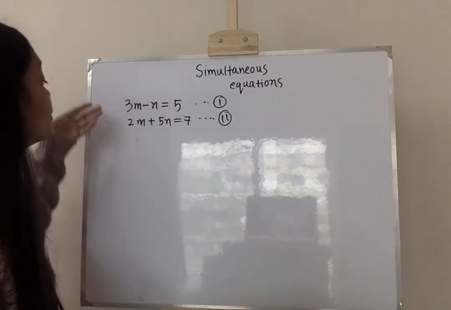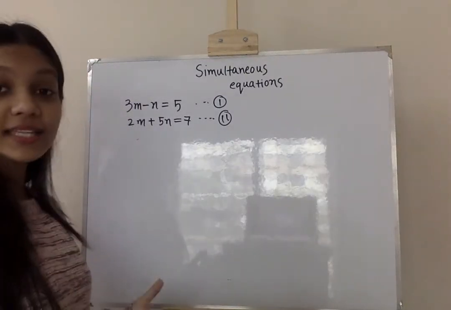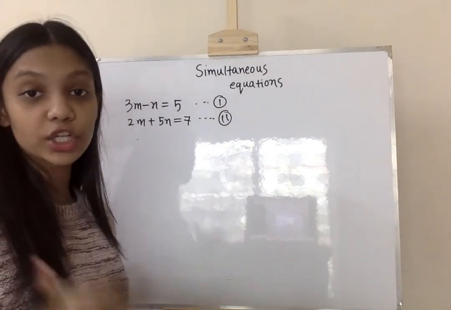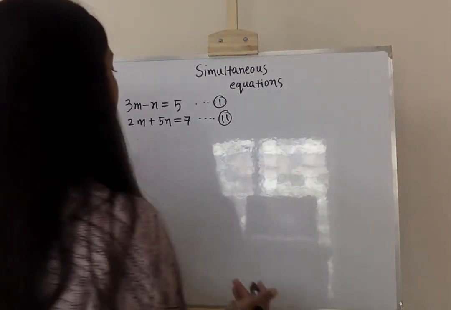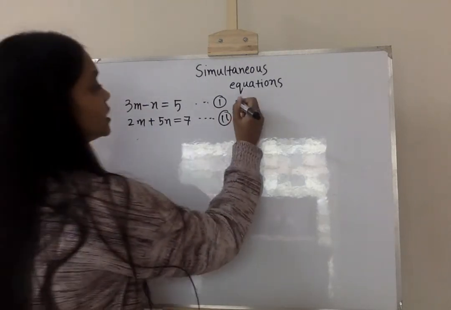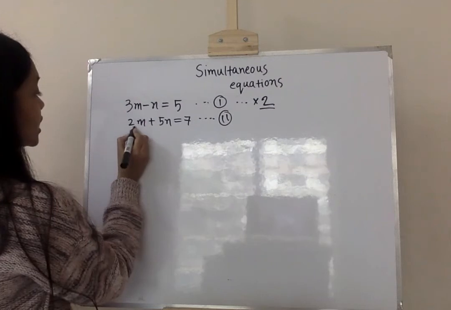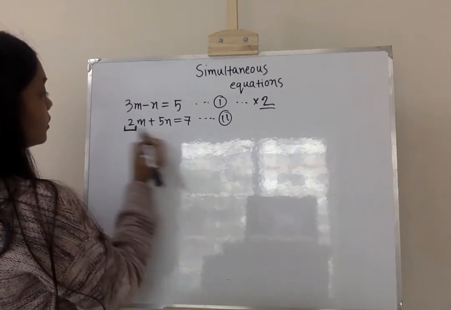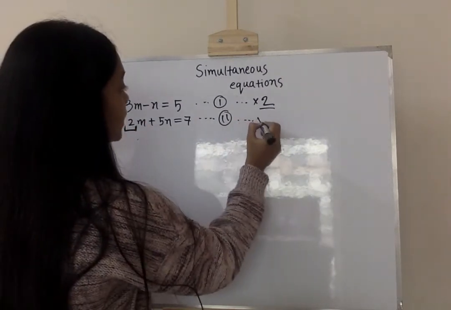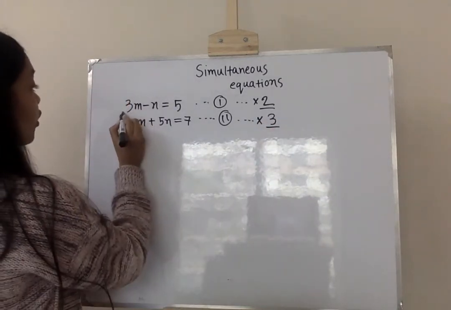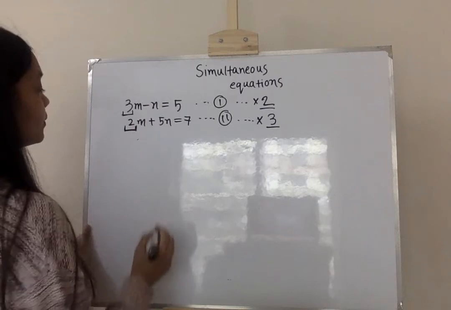So in this case, you have to multiply both the equations by the coefficient of the other equation. Let's take an example. In this case, you multiply the first equation by 2, since 2 is the coefficient of the first variable, and you multiply this entire equation with 3 because 3 is the coefficient of the first variable.